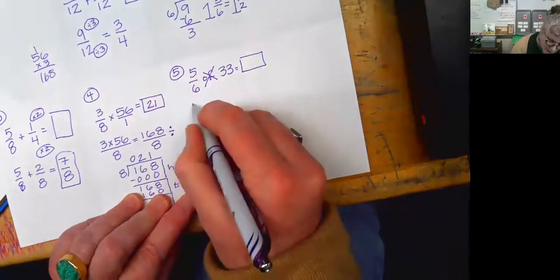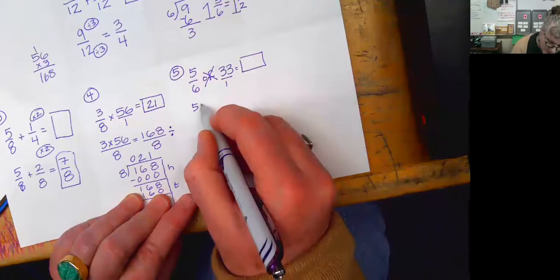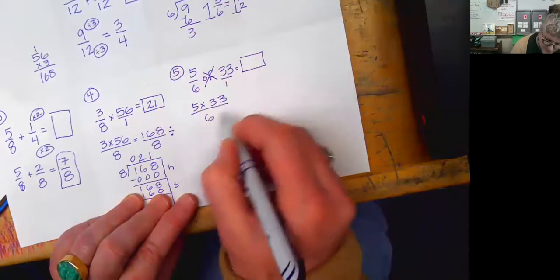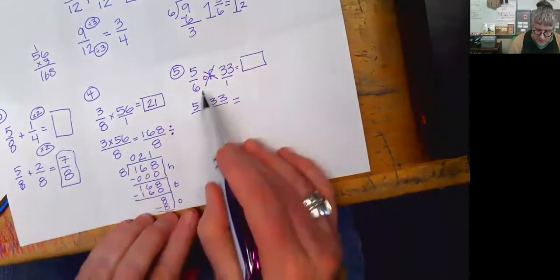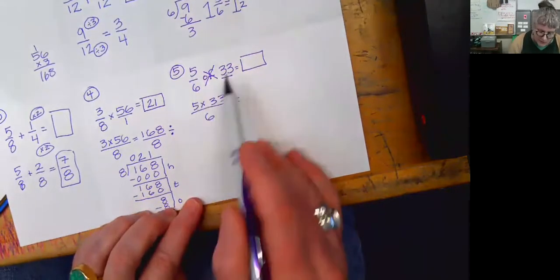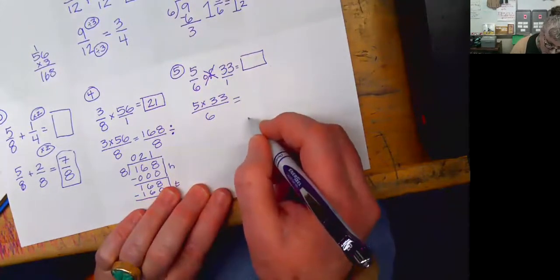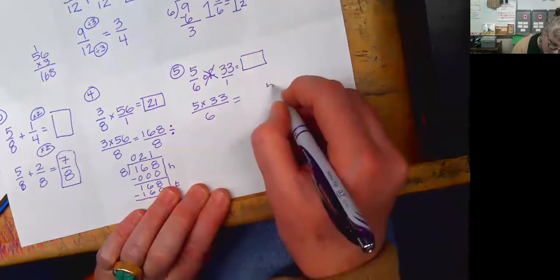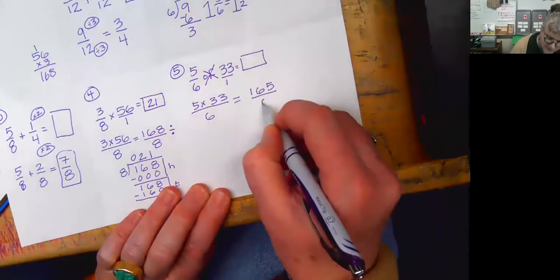So this is really going to be 5 times 33 over 6. 6 times 1 is 6, 5 times 33. And if I multiply 5 times 33, that's 165 over 6.